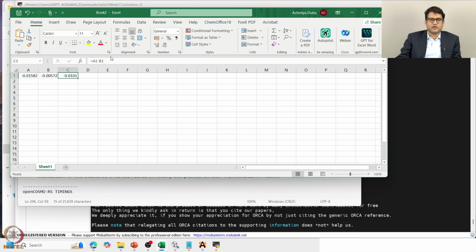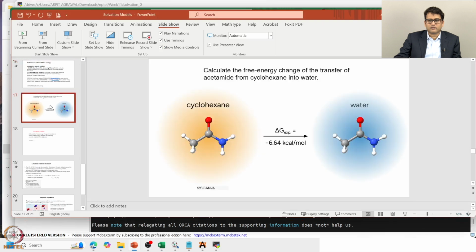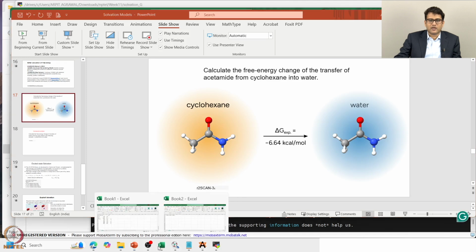this is how the difference is, and remember experimental values are in kilojoule per mole. So, the conversion is 2625 approximately. So, it has come around 26. Oh, the experimental value is given in kilocalorie, I was mistaken.